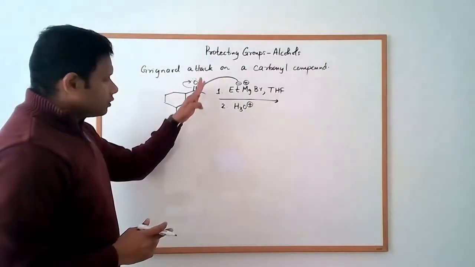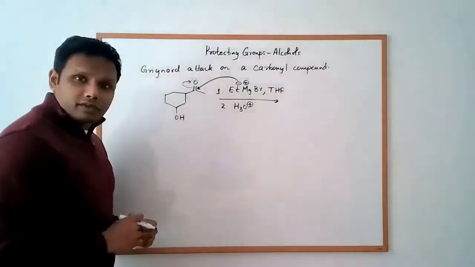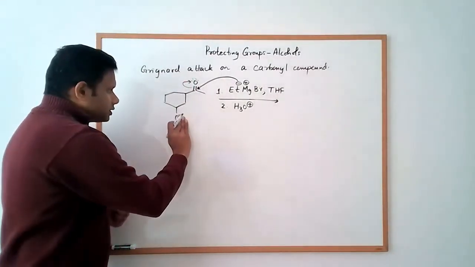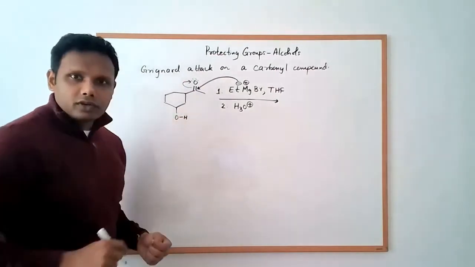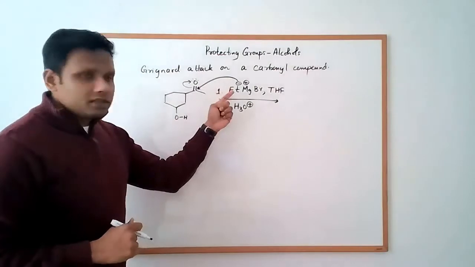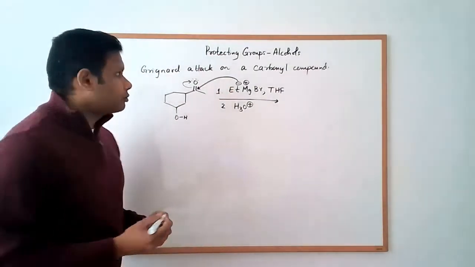But the problem with this substrate or the starting material that we have here is that there is an additional functional group. There's an alcohol functional group here. And since a Grignard reagent is a strong nucleophile and it's a strong base, right?